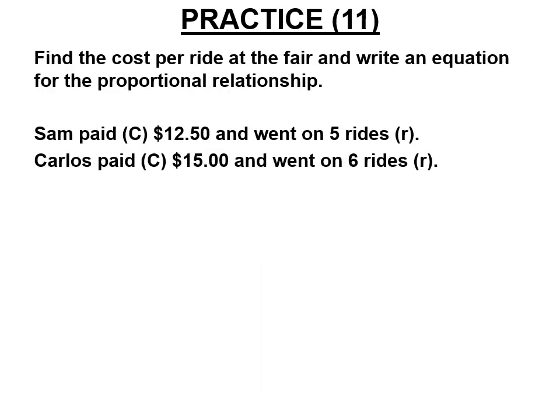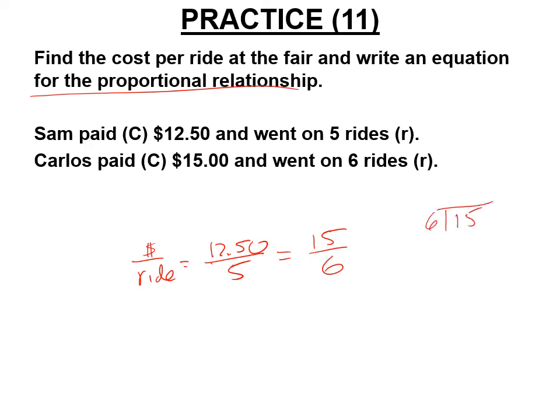Find the cost per ride at the fair and write an equation for the proportional relationship. So it's dollars per ride, and it's $12.50 for 5 rides and $15 for 6 rides. So those both should be equal because it says it's the proportional relationship. Let's do 15 divided by 6. 6 goes into 15 twice, remainder 3. 15 has a decimal, straight up, 0 straight down. 6 goes into 30 exactly 5.